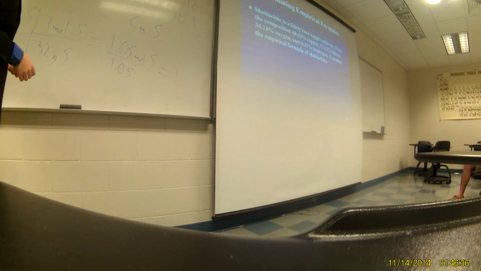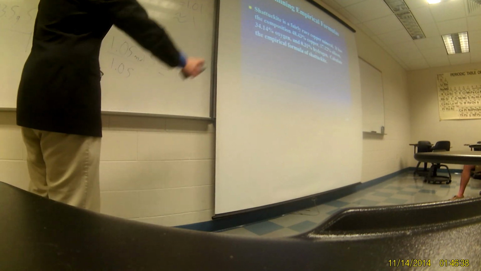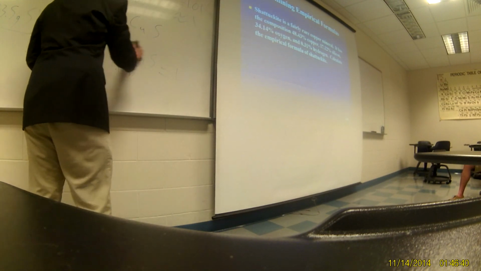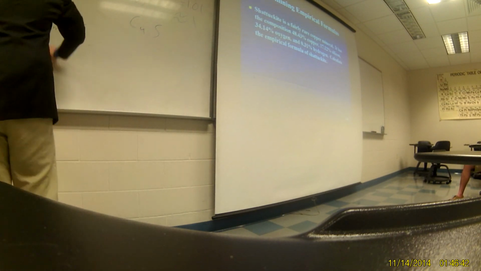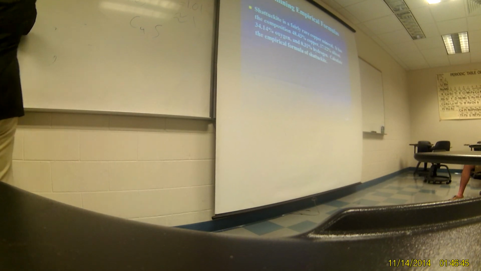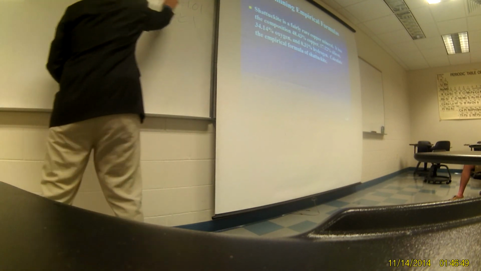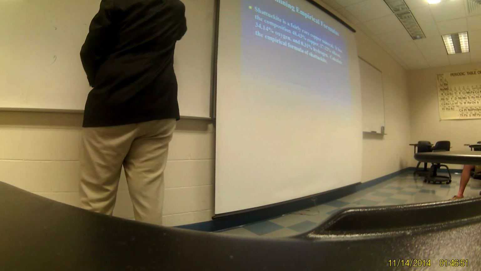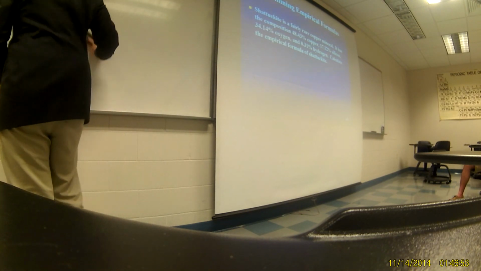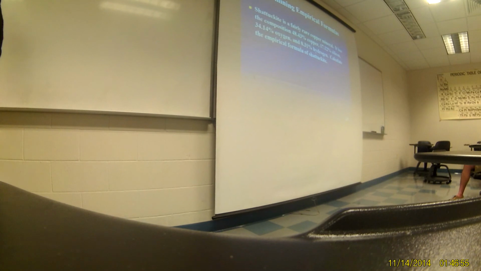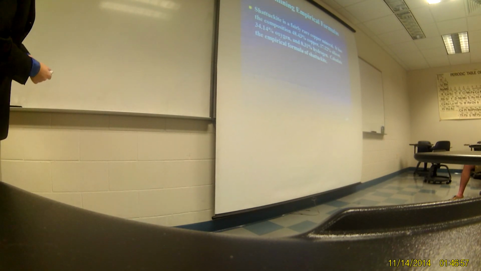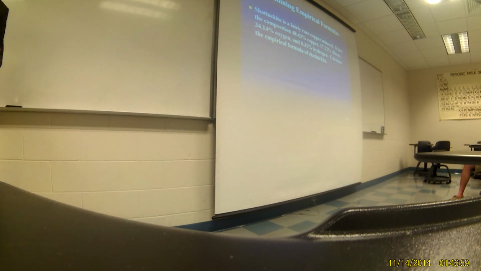Another one. We've got shadokite. Shadokite has 4 elements in it. It's going to be the same process. It's not necessarily more difficult, it's just more work. So first step was to make our percentages grams.